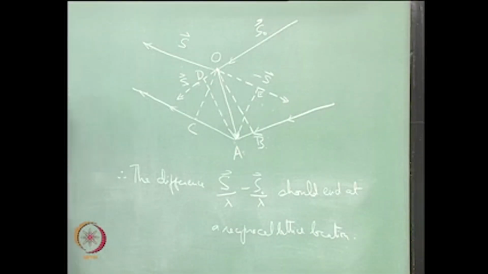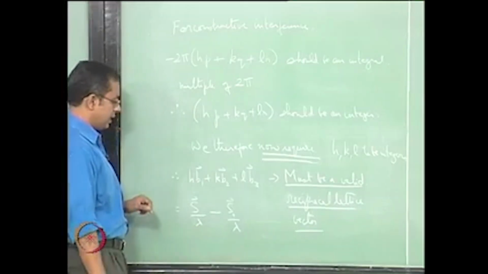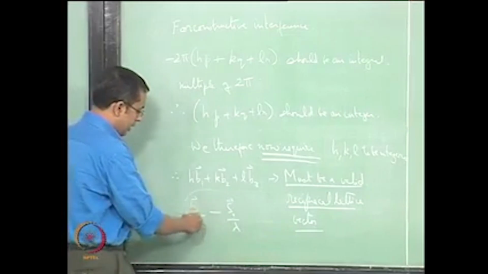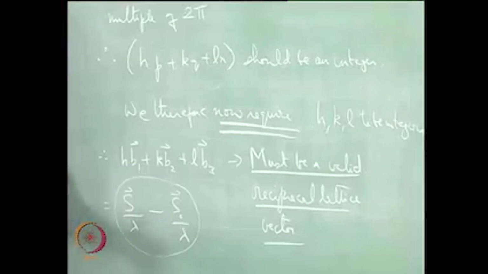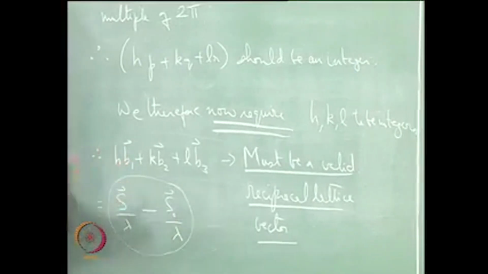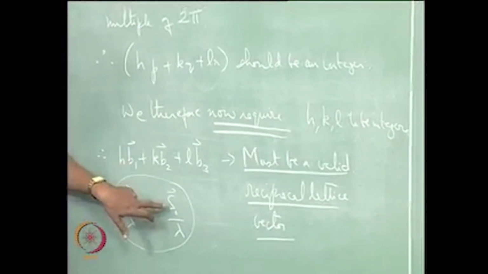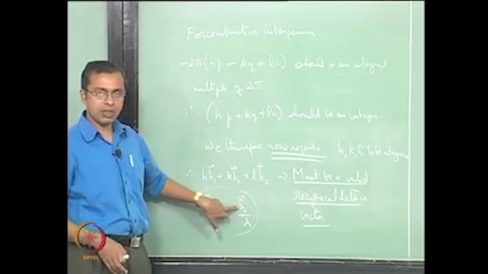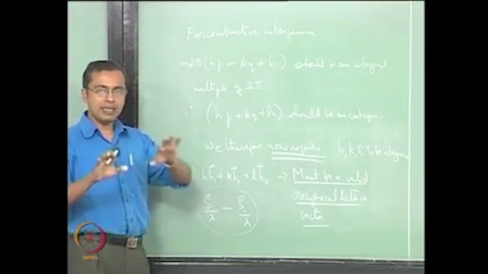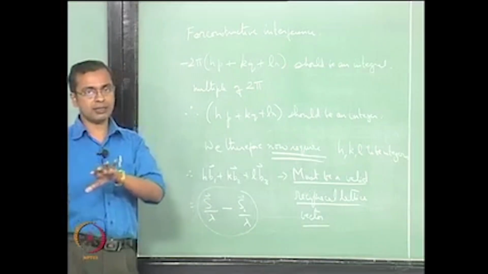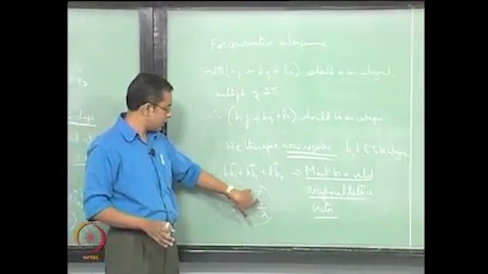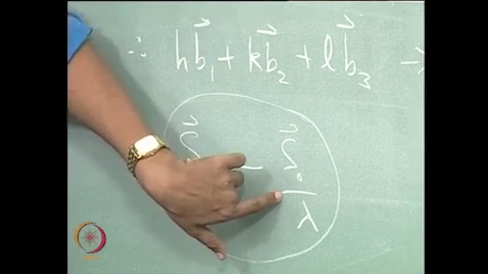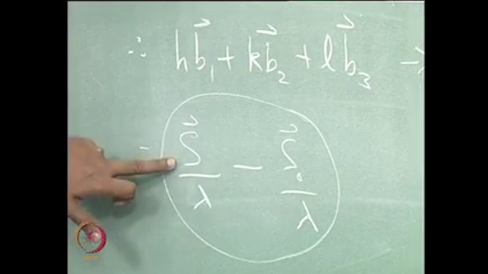If you look at our equation here, we have two different quantities. We have a quantity on this side of the equation which gives us all the properties of the waves arriving at or leaving the lattice. This is the direction in which the incident wave is arriving, S naught, and 1 by lambda is the magnitude of the wave in reciprocal quantities. So that gives us the properties of the incident beam. This is the properties of the diffracted beam.